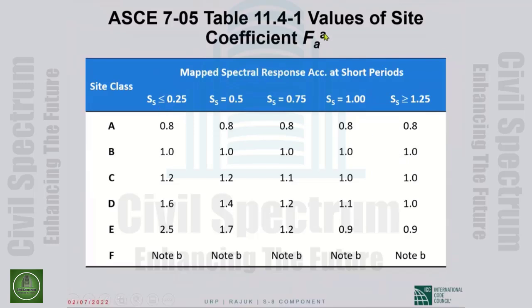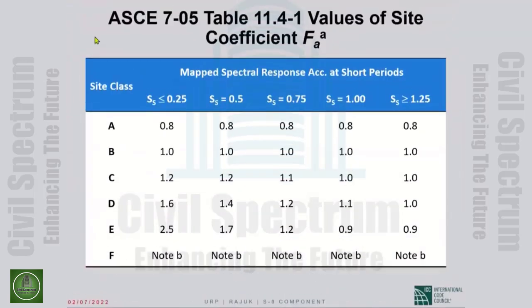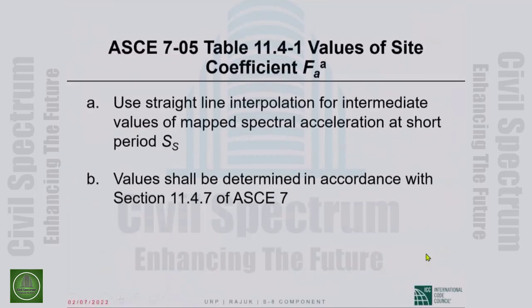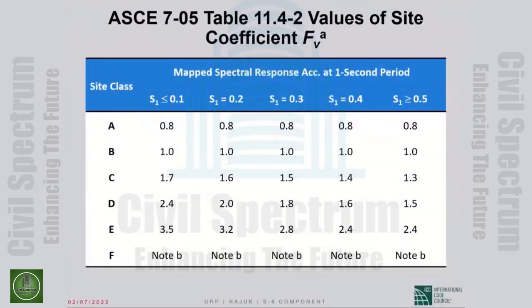Here, that's note A. So A says that you can interpolate between the tabulated values. Note B, very importantly, says values shall be determined in accordance with 11.4.7. So if you have the very soft soil, then you have to have site-specific analysis in accordance with section 11.4.7 of AC7.